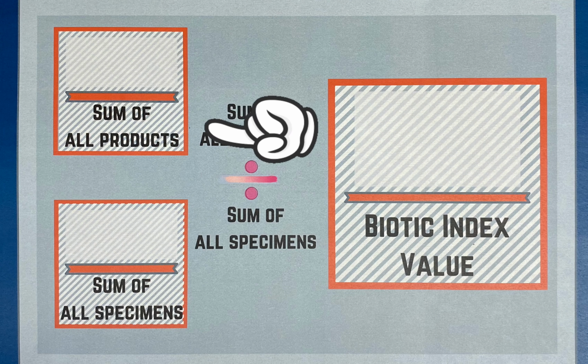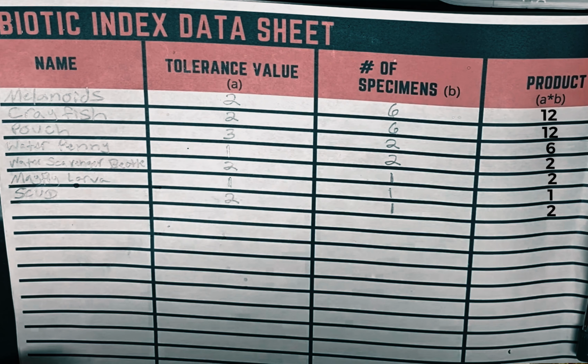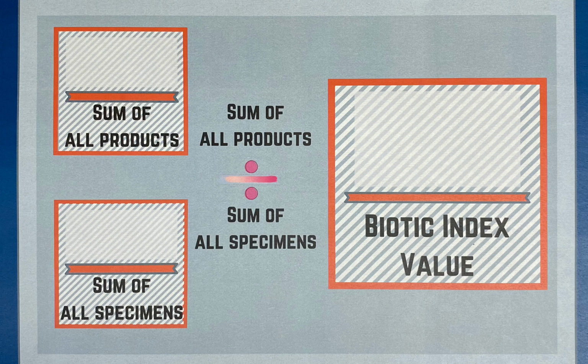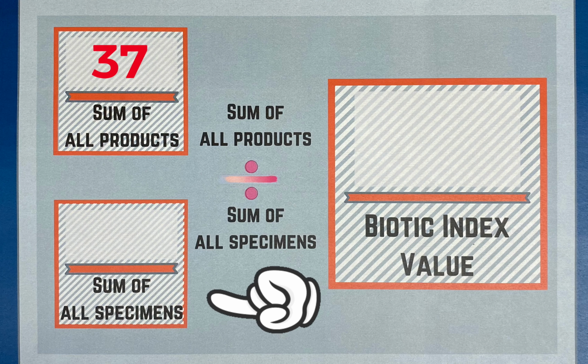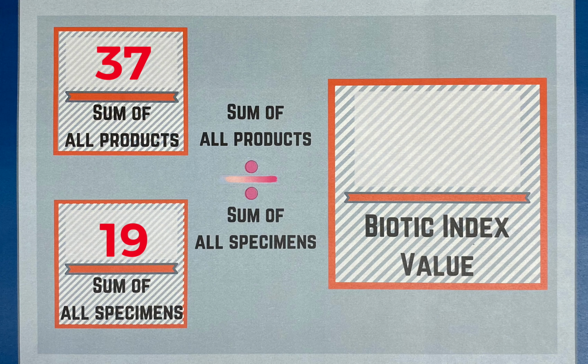Next, calculate the sum of products by adding together all of the values that you just calculated in column 4. Now we're getting close. The next step is to sum up the total number of specimens recorded in column 3. Finally, divide the sum of all products by the sum of all specimens to get your Biotic Index Value.